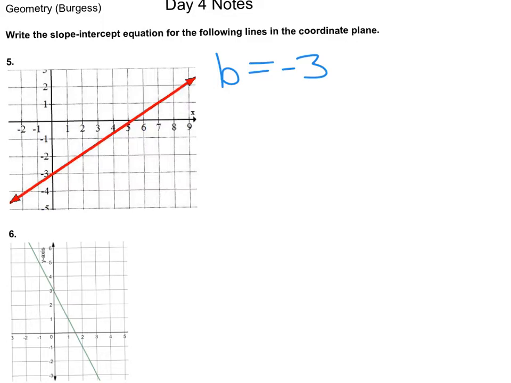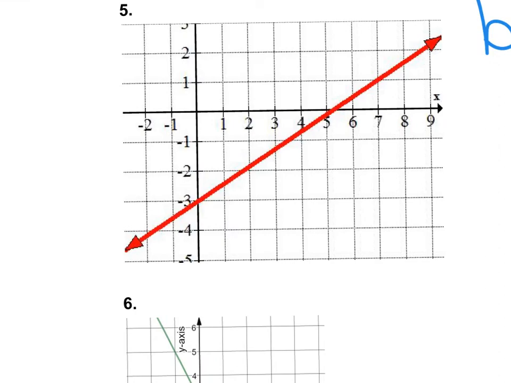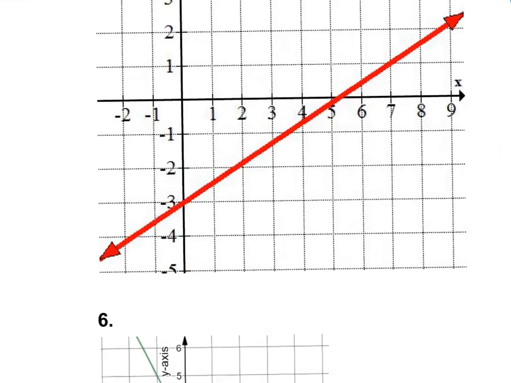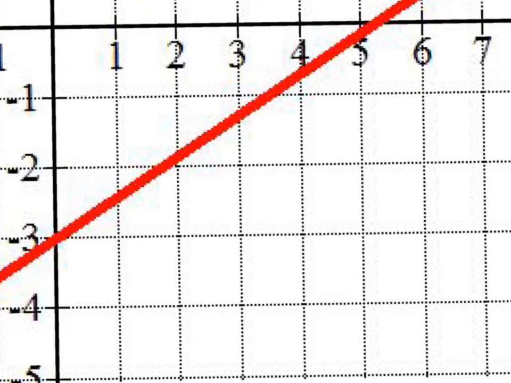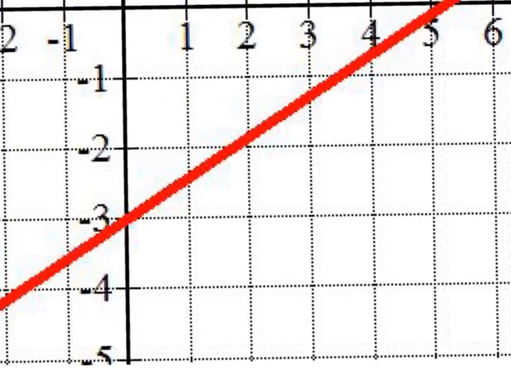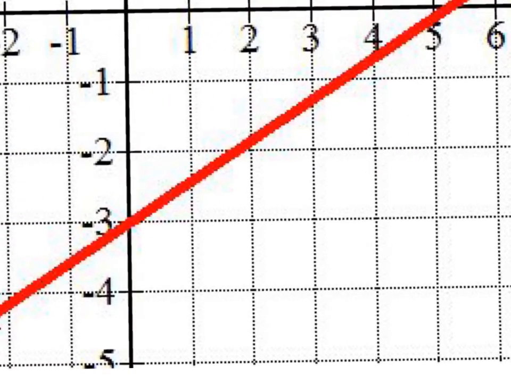Okay, so the next thing we're trying to do is find a point where it goes directly through the corner of that grid. You may not be able to see this on your paper, but if I zoom in here, it doesn't really go through here.